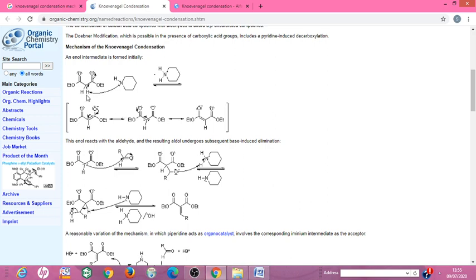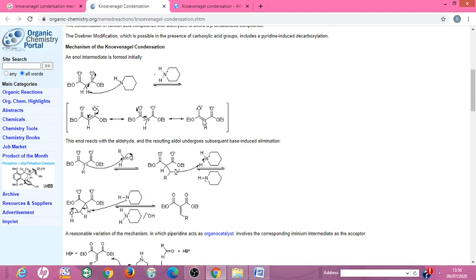After abstraction of this acidic proton, this carbon carries a negative charge. This is the negative charge, forming the negatively charged carbon atom. We know that a negatively charged carbon atom is known as a carbanion. If the carbanion is present neighboring the carbonyl group, it undergoes tautomerization and forms the ion known as the enolate ion.